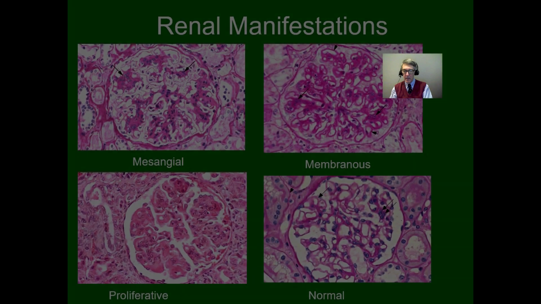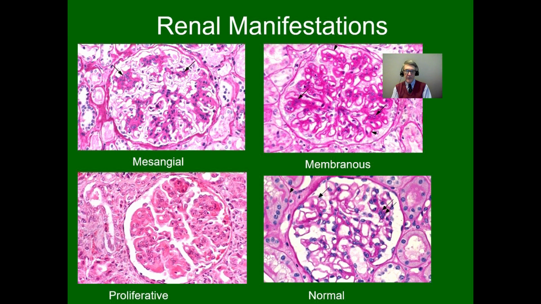Now, the kidney can be a very severe and dangerous manifestation of systemic lupus. It's suggested perhaps up to as many as 50% of patients with lupus have some sort of kidney involvement. It can be very mild with only mild protein in the urine, or proteinuria, or it can be very serious, leading to renal failure, dialysis, and possibly even death.